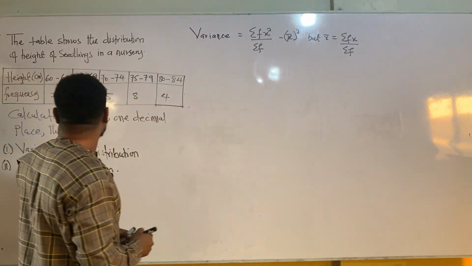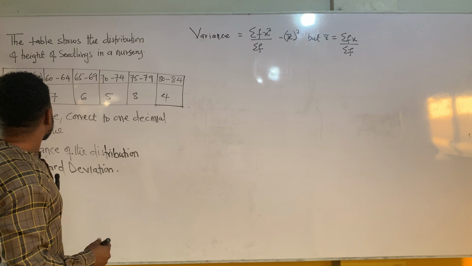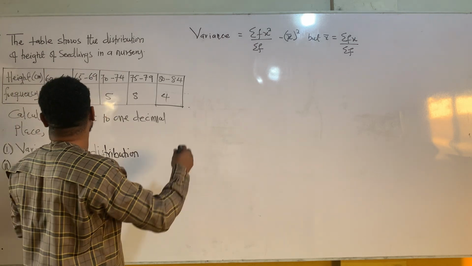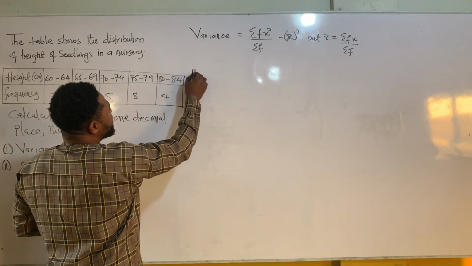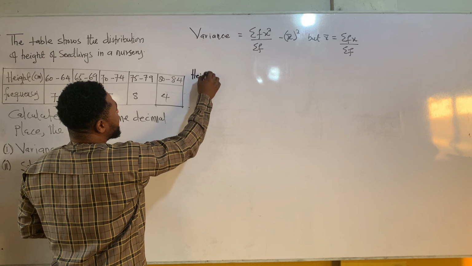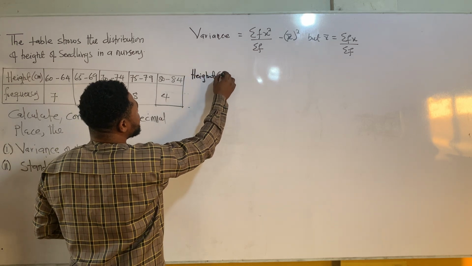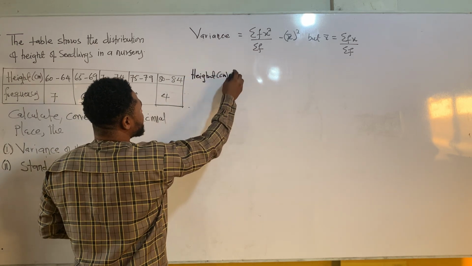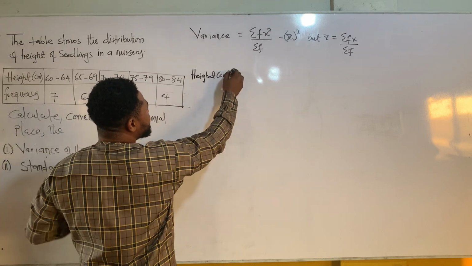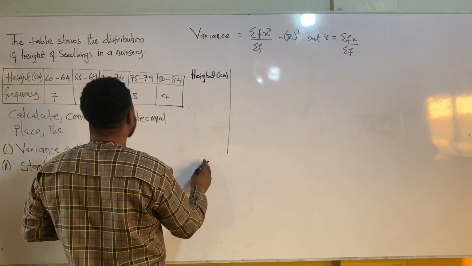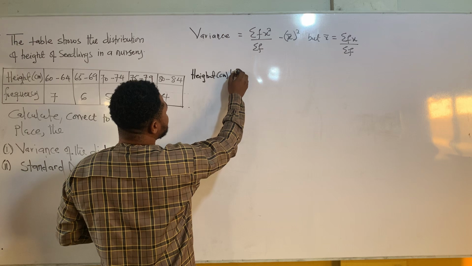So first of all, from the table, we have our height. All right, so we have the height as we can see, and it's in centimeters. The next one is we have our frequency.